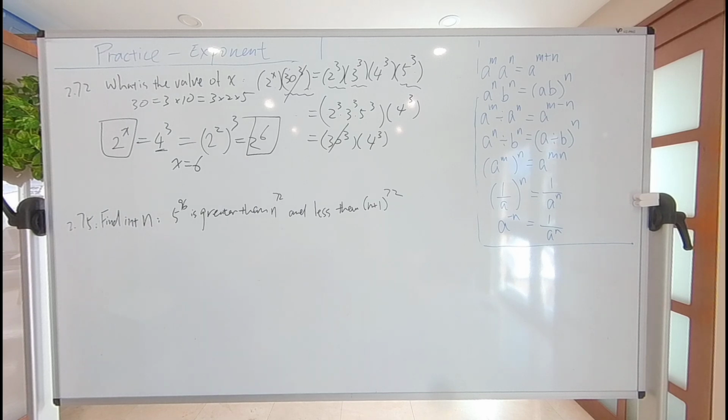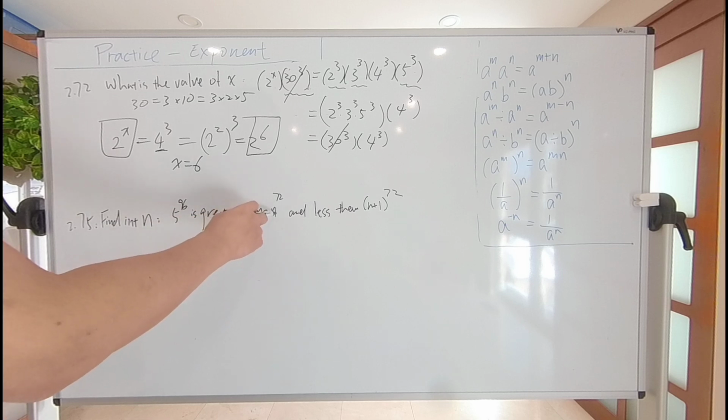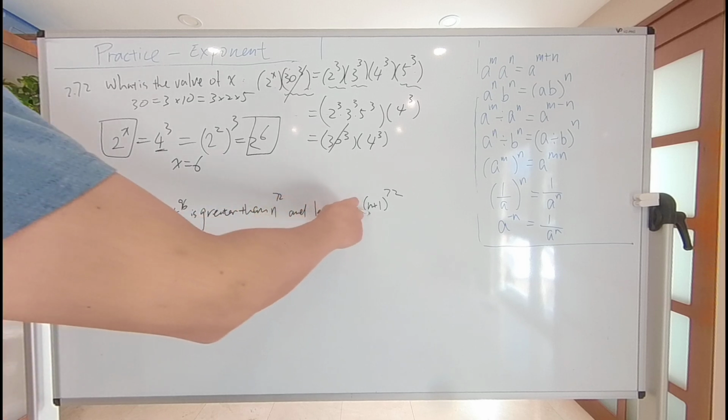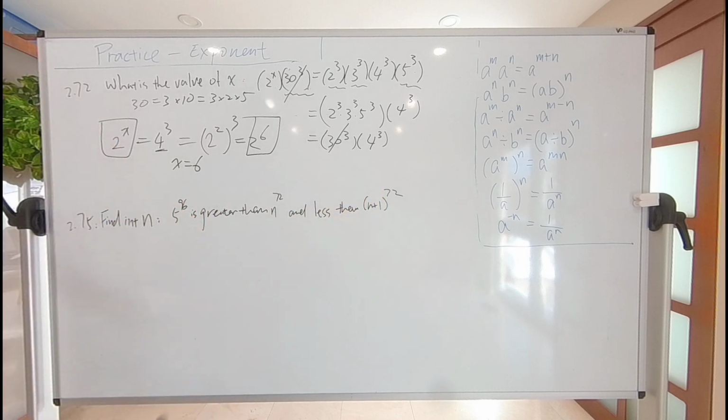Okay, the next one, find the integer n such that 5 to the 96th power is greater than n to the 72nd power, but less than n plus 1 to the power of 72.